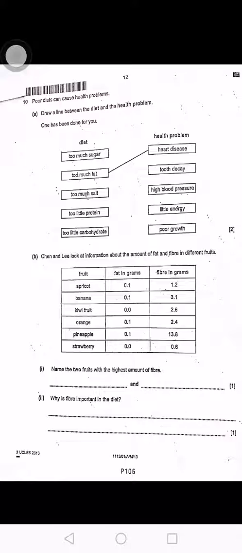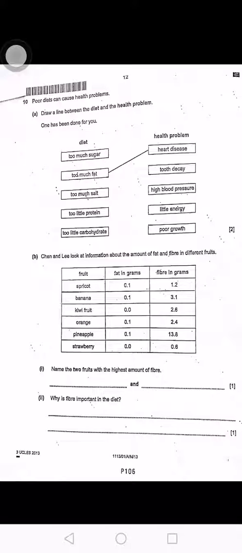Look at the information about the amount of fat and fiber in different fruits. Apricot: fat 0.1, fiber 1.2. Banana: 0.1, fiber 3.1. Kiwi: 0, 2.6. Orange: 0.1, 2.4.